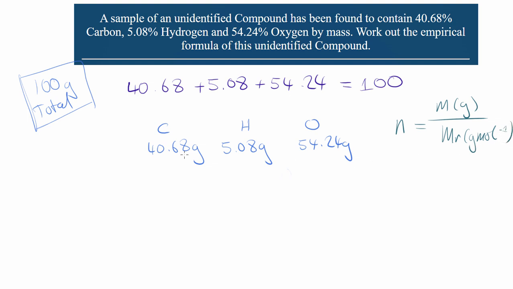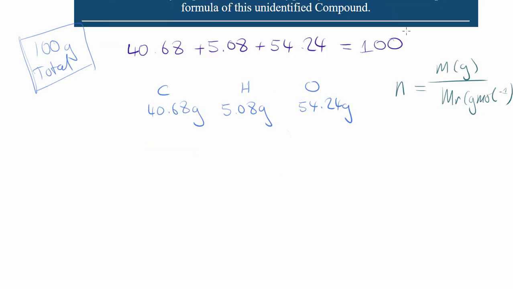So in applying that to this question, we're going to take the molar masses of each of these elements, and divide the masses of each element by their respective molar masses. What are the molar masses in these cases? This can be worked out from the periodic table.